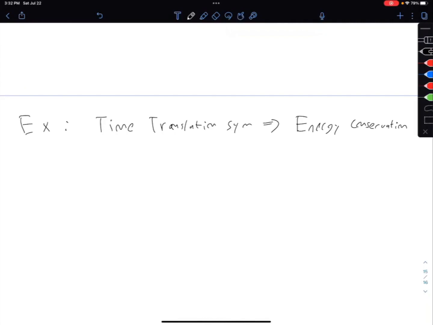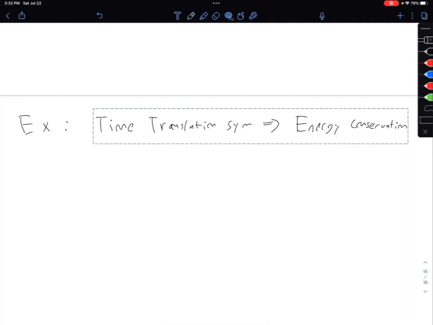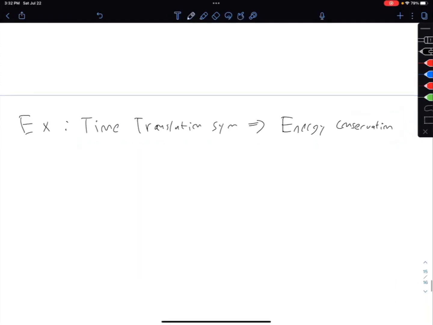So how are we going to do that? What is time translation symmetry? That means that Q goes to Q and T goes to T plus epsilon.